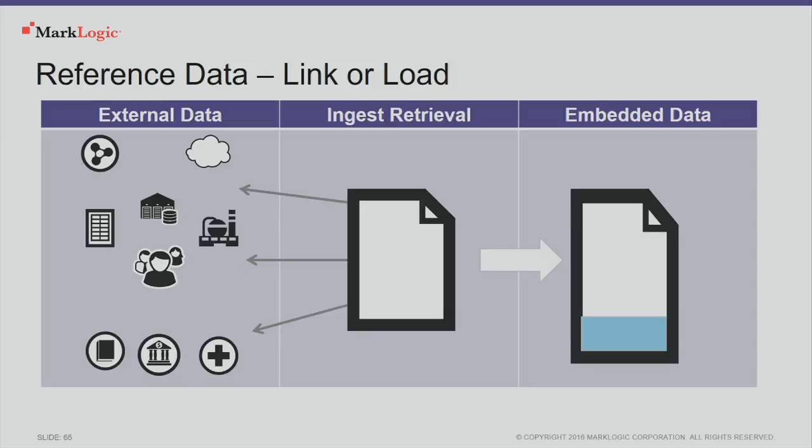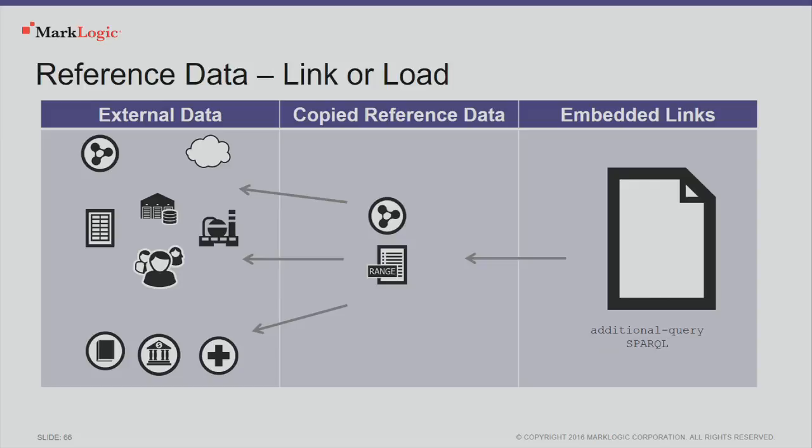So you could say, when I ingested my document, I knew everything about the world as it existed, therefore I can embed data. I can collect facts about any of these external resources and build a nice rich metadata based upon the current state. That obviously has a problem, because anytime the world changes, your documents have to change.